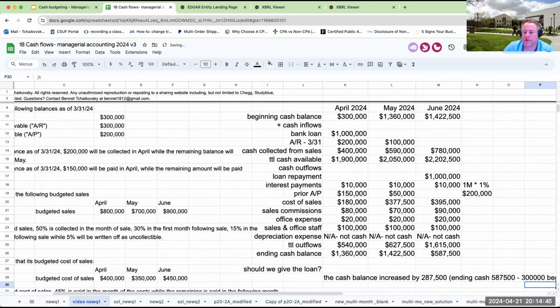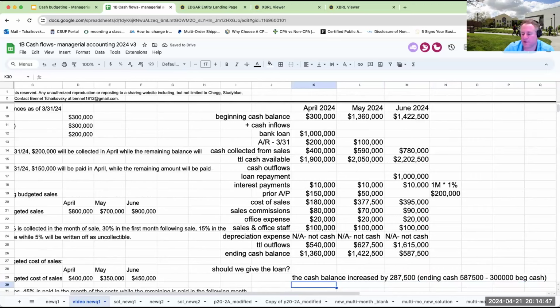So this is a good thing, right? Should we give the loan? The cash balance increased. Over here, let's talk about the budgeted sales. They are increasing, right?